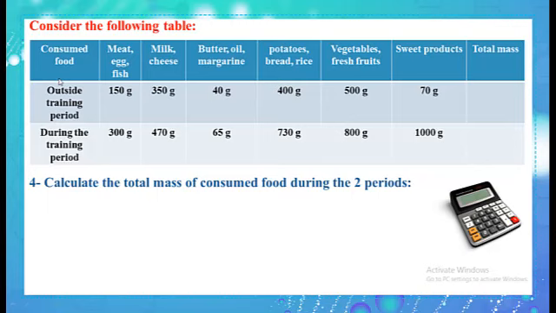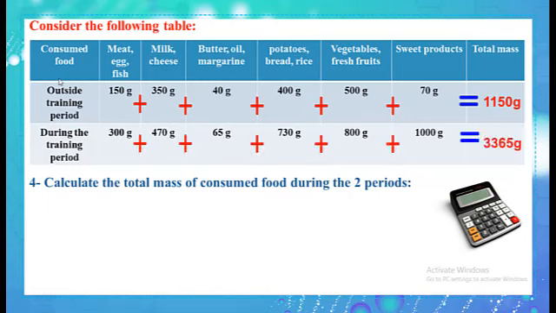So let's now add all the consumed food outside the training period to have a number of 1150 grams. And now let's calculate the consumed food during the training period by adding all the food together to have a number of 3365 grams.